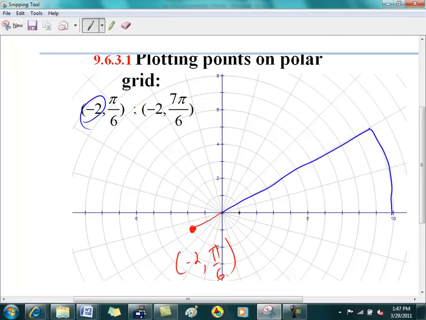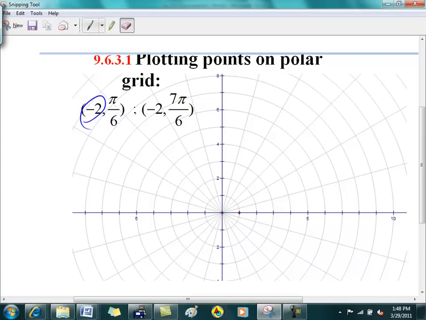Yeah. All right. So let's do negative 2 comma 7 pi over 6. So we need to do the rotation first. 7 pi over 6. Can I erase this stuff so I can do 7 pi over 6? Okay, 7 pi over 6, how many degrees is that? 210, so I'm going to do my rotation. I'm going to use a smaller circle now, okay?